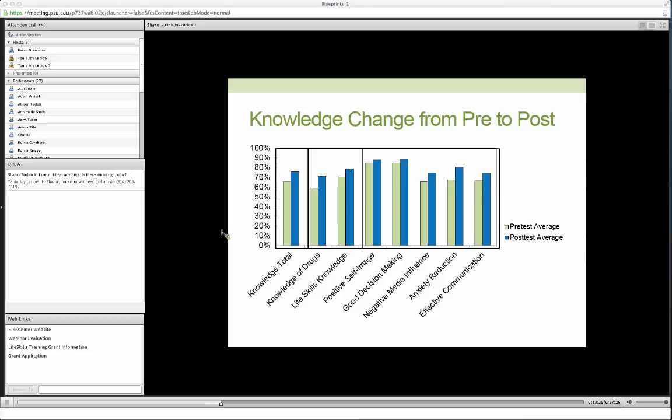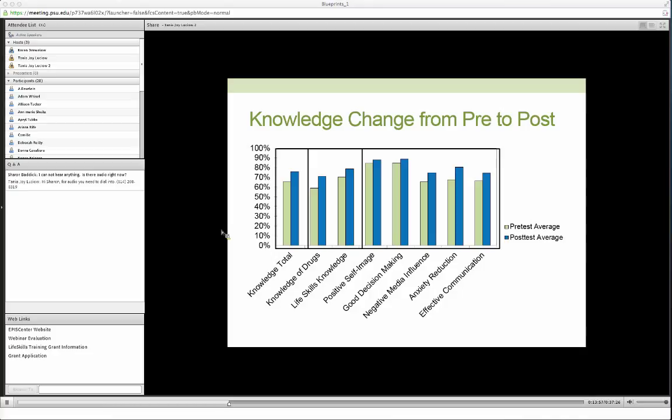In green you see the pre-test average, and in blue you see the post-test average. The average is across all of the school districts that agreed for us to use their data. On average, these school districts each had 144 students that took the pre and post test.